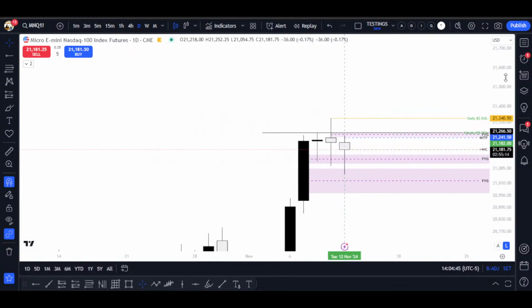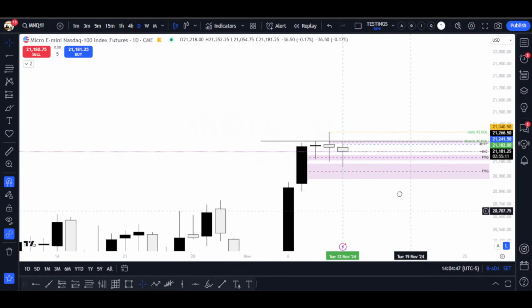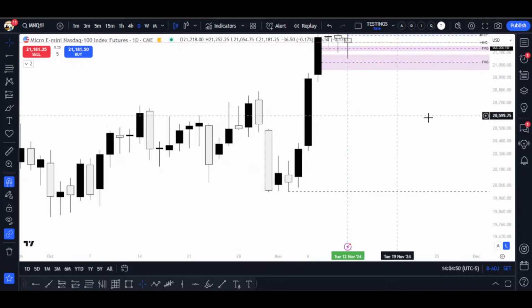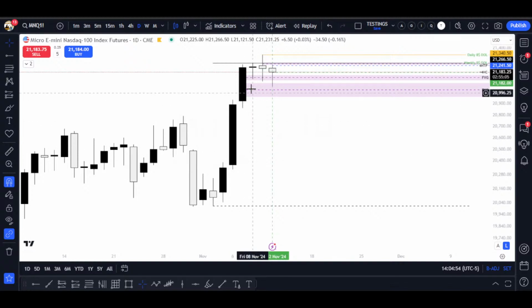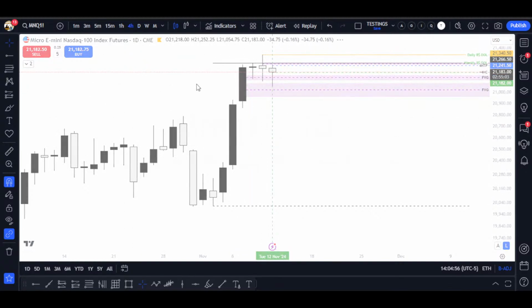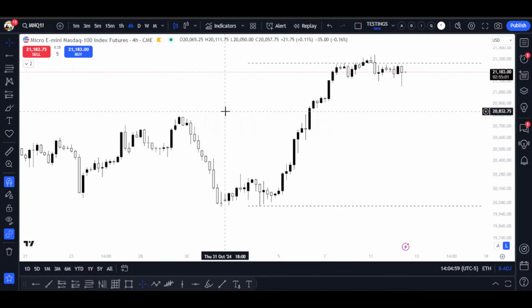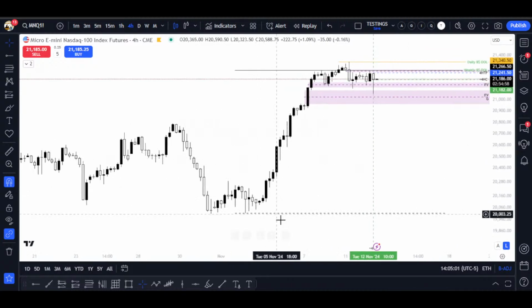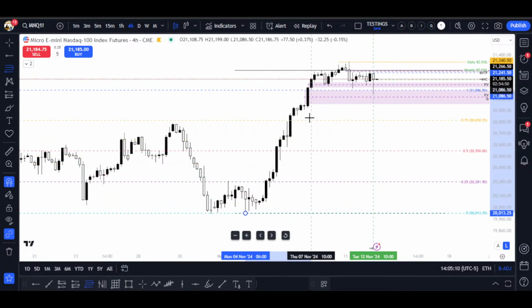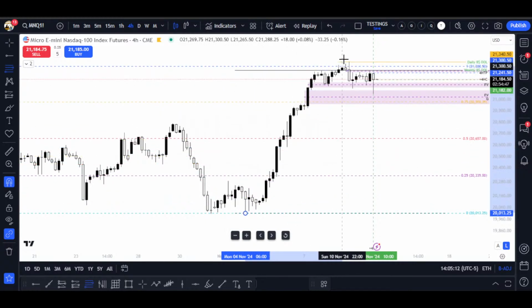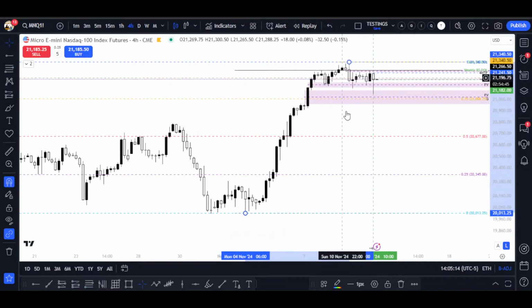Overall, kind of expecting price to actually come back down. So on the 4 hour, I kind of have this set up as a market maker sell model. Right, so we were in this buy model, and let me reverse this.